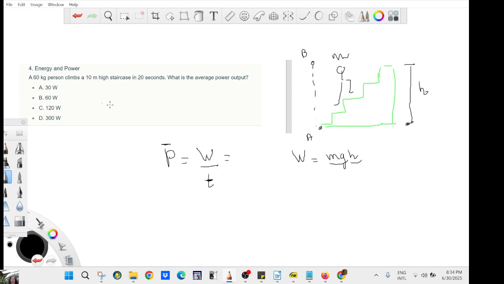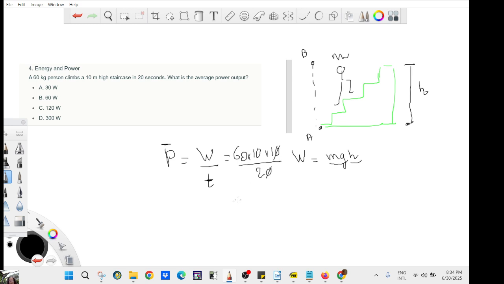So in that case, it will be the mass, which is 60, times g, times the height, 10, over the time elapsed, which is 2.